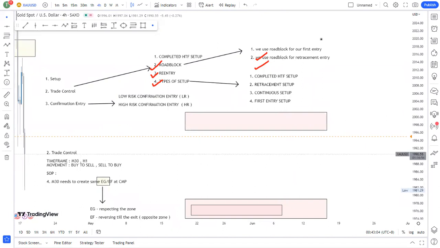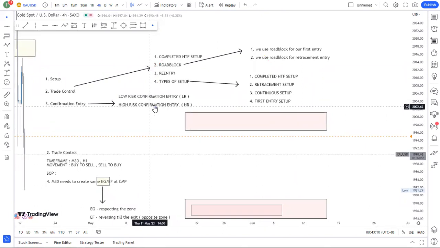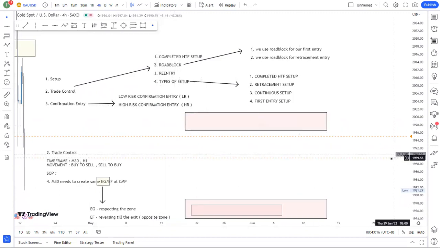The relation between confirmation entry and trade control is totally the same as the relation between setup and trade control. You get it? When we have the zone of setup, the price gets to the zone, and then we find the trade control on the CMP.